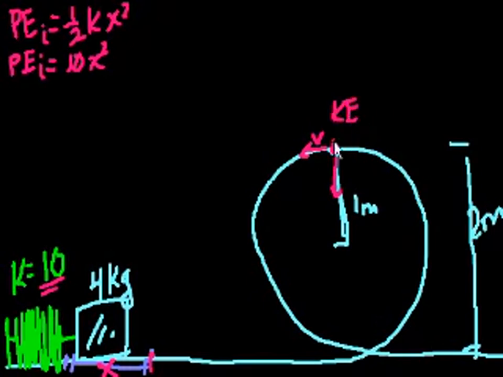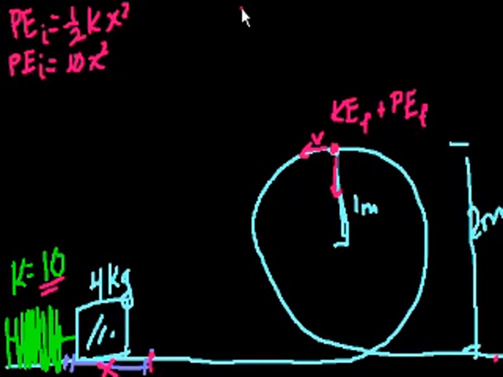I'll just call that kinetic energy final, because this is all we care about. And then plus the potential energy final. And that, of course, has to add up to 10x squared. This was the spring potential energy, and now this is gravitational potential energy. So what's the energy at this point? Well, what's the kinetic energy?